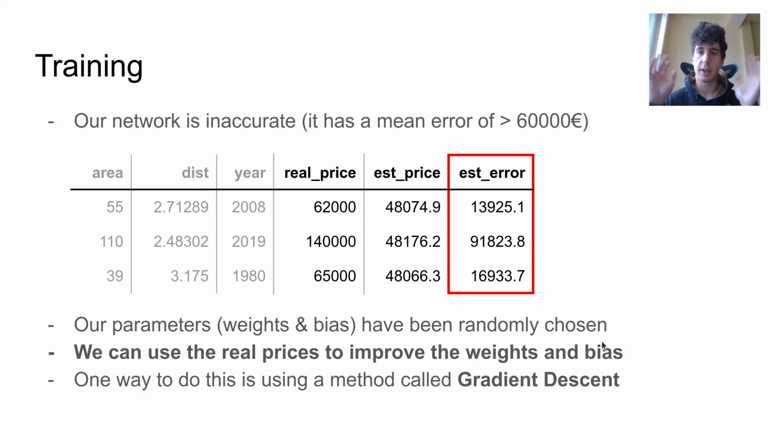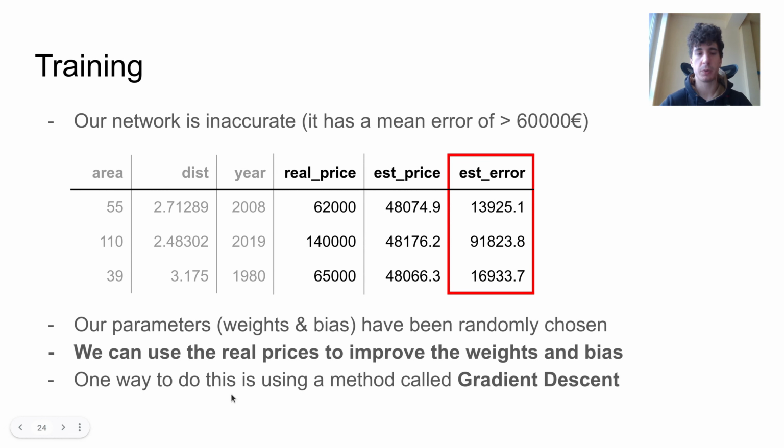We put like a random formula and it didn't work so well, which is quite expected. Now in this step, we will use the apartment prices, the real prices, to improve the weights and the bias. So we know the real data and we will use it to improve the neuron so it estimates better.